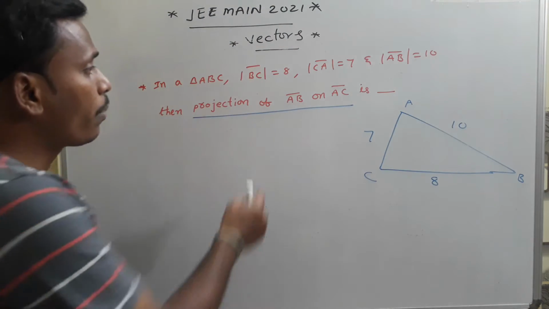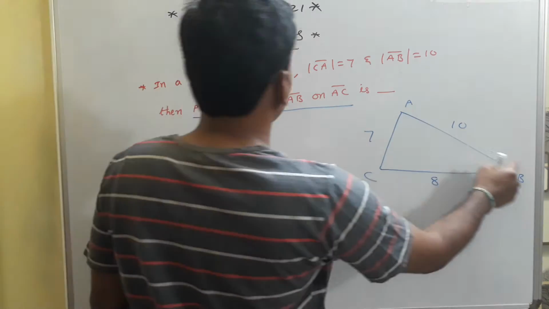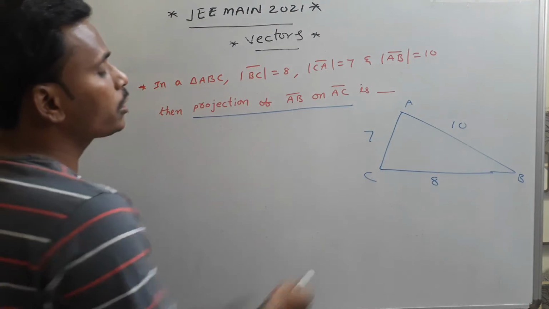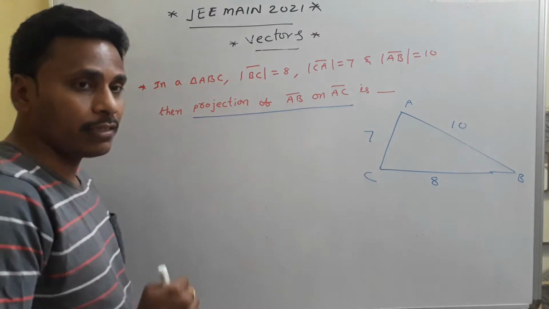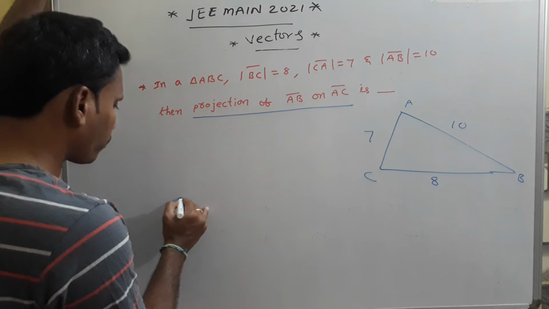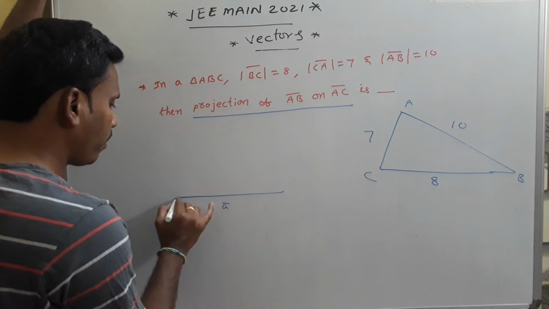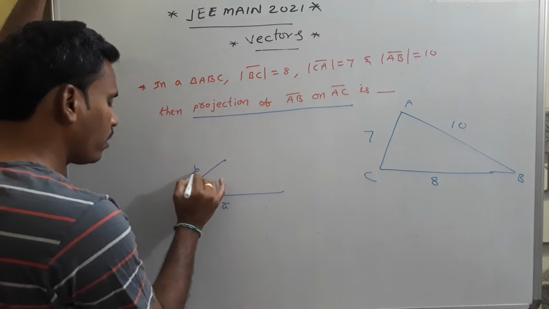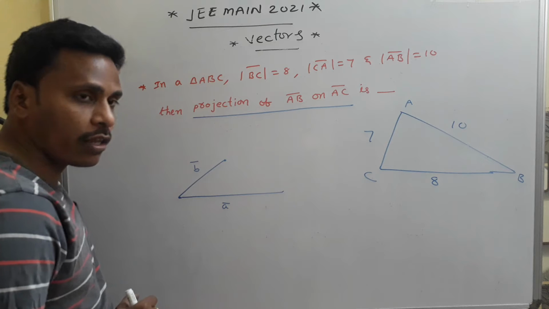And the next thing, projection of AB bar on AC bar. This is AB bar, right? And we need to find its projection on AC bar. Usually if this is a vector, say for example A bar, and if this is another vector, say for example B bar, then we need to find the projection of B bar on A bar.